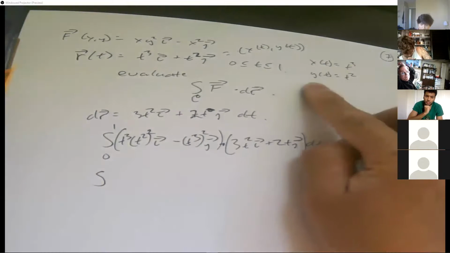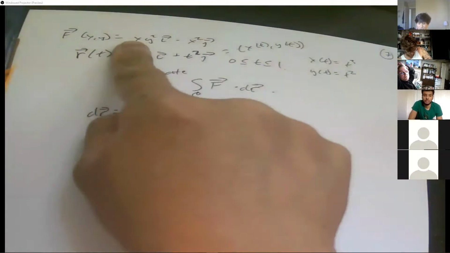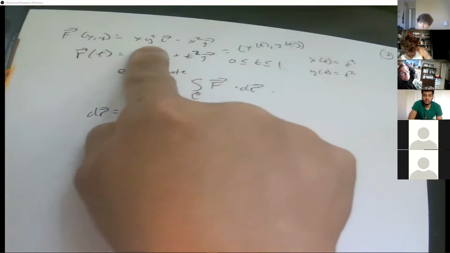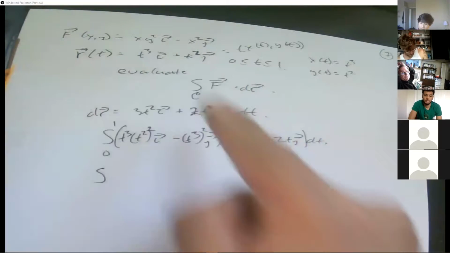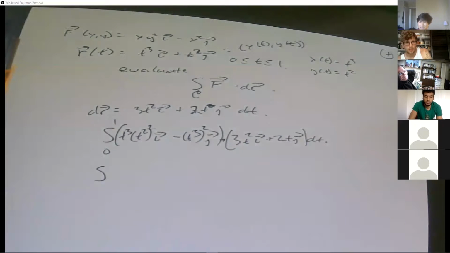So that means the j component is the y component. Okay, now I understand. Yeah. And so now everywhere I see an x, I put a t cubed. Everywhere I see a y, I put a t squared. And that's what we get here. Any more questions on that? That is admittedly a confusing situation here.